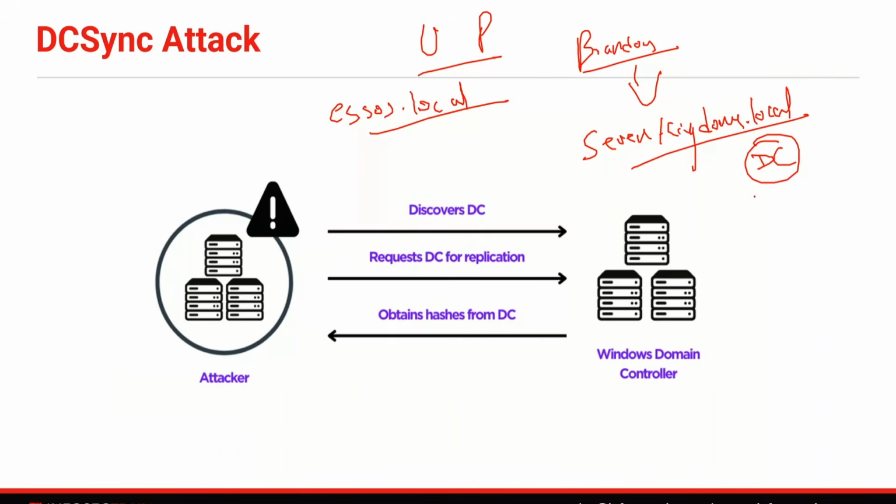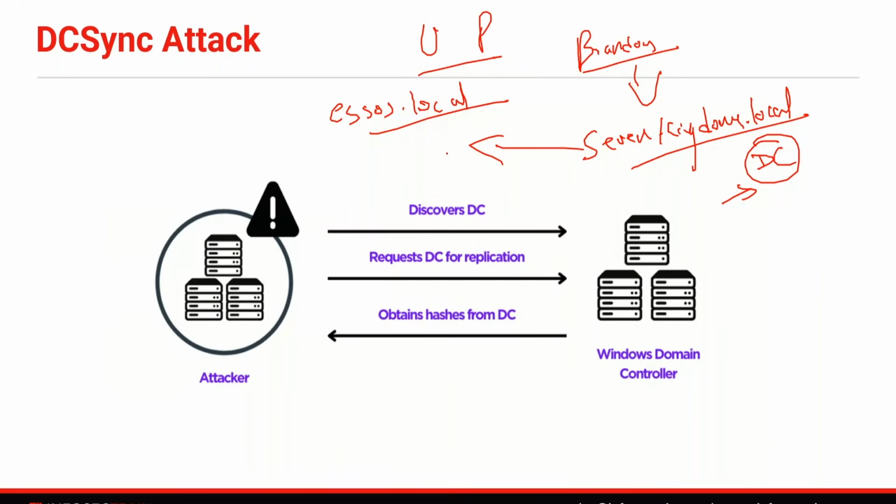So I am impersonating the domain controller of sevenkingdoms.local. I will request source.local, being an attacker, I'm impersonating a domain controller, I will request the replication of password hashes from source.local.